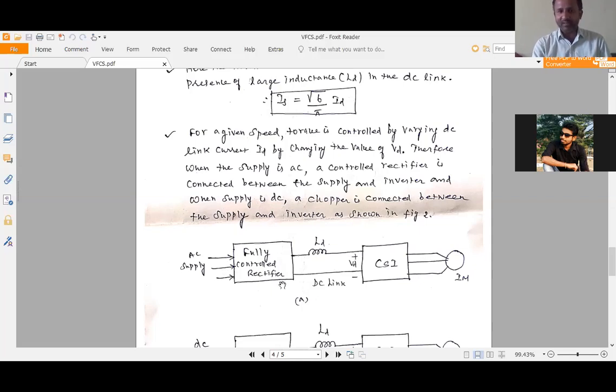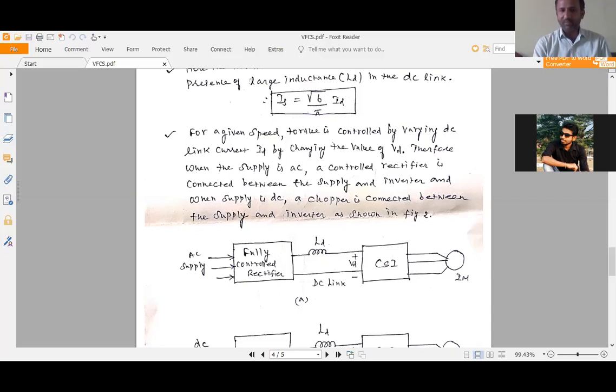By connecting a fully controlled rectifier between the AC supply and the current source inverter. So when the supply is AC, a fully controlled rectifier is connected between the supply and the current source inverter.